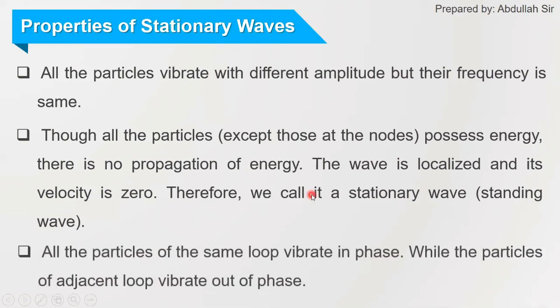The last property is, all the particles of the same loop vibrate in phase, while the particles in adjacent loops vibrate out of phase. Now what do you mean by phase? Phase is nothing but the direction of motion of the particle.